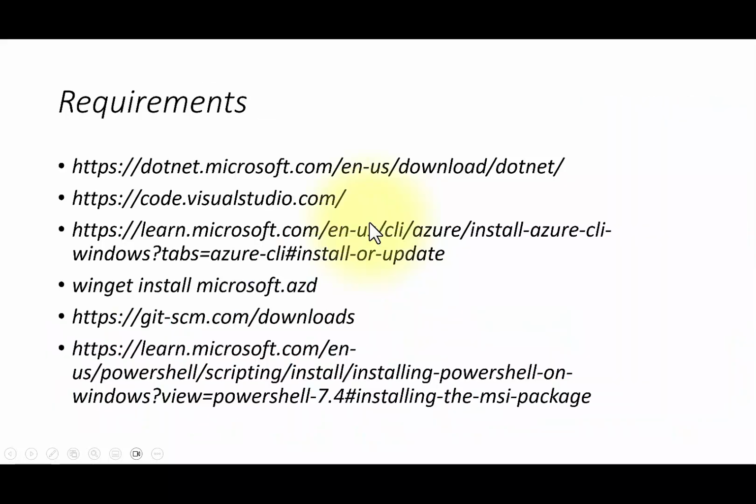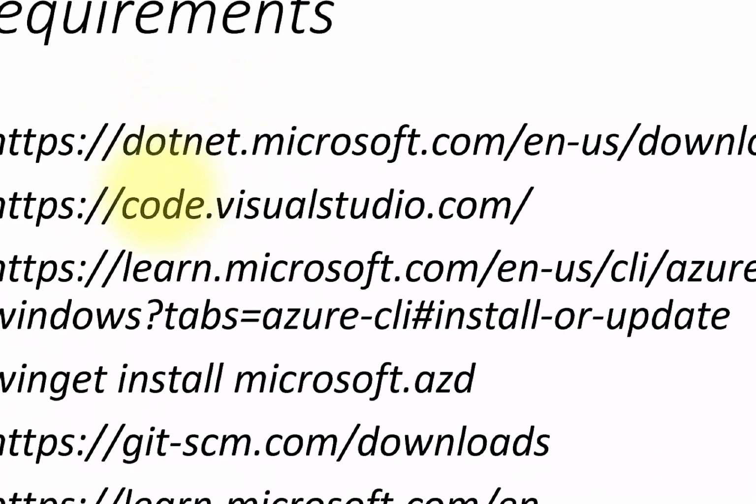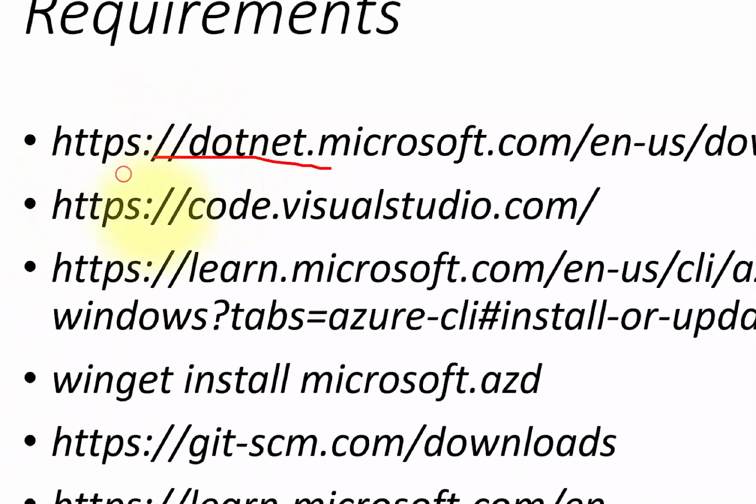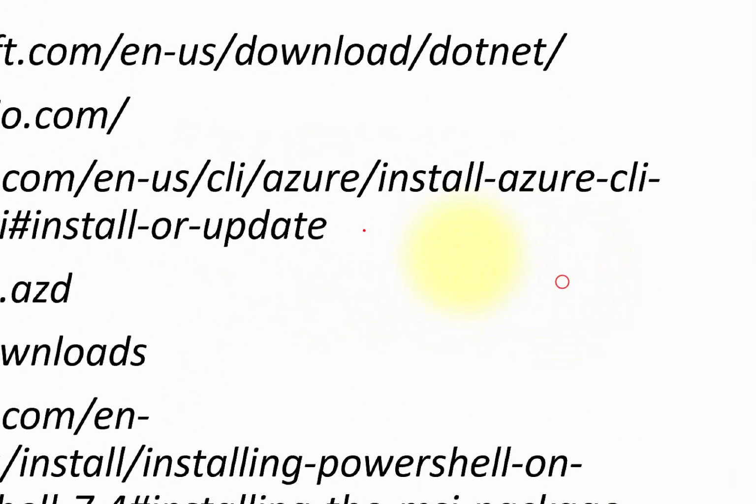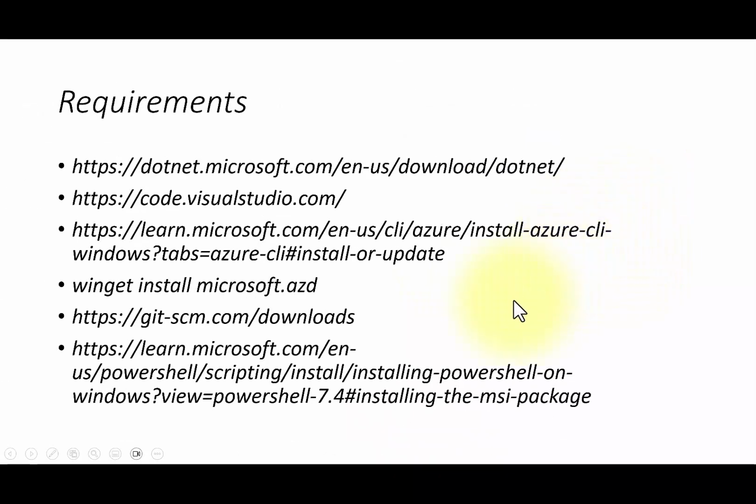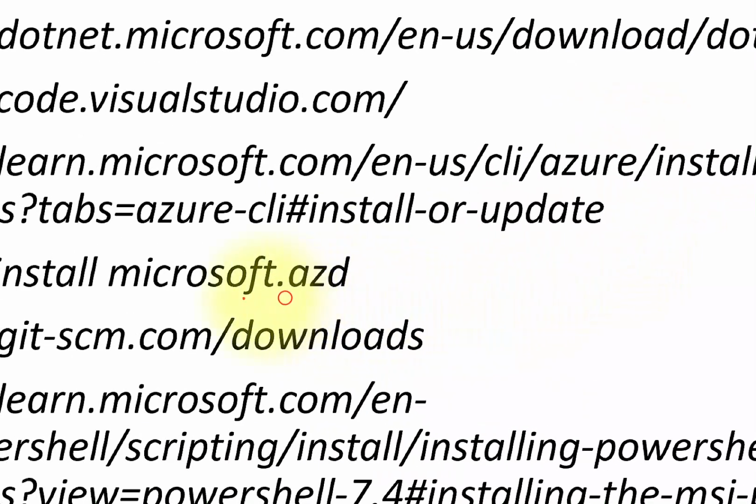Okay, what we need to do if you would like to perform this lab yourself: you need to install .NET. First of all, you need to install Visual Studio Code, then Azure CLI. You need to install Microsoft AZD.